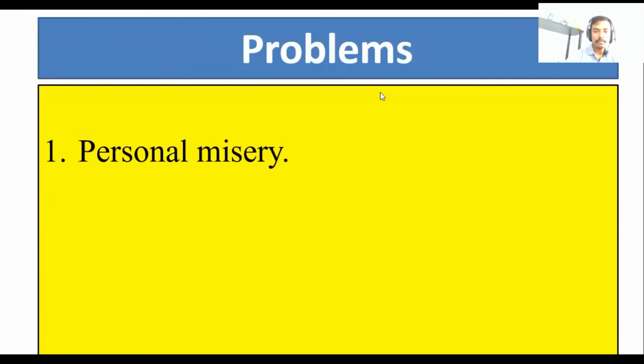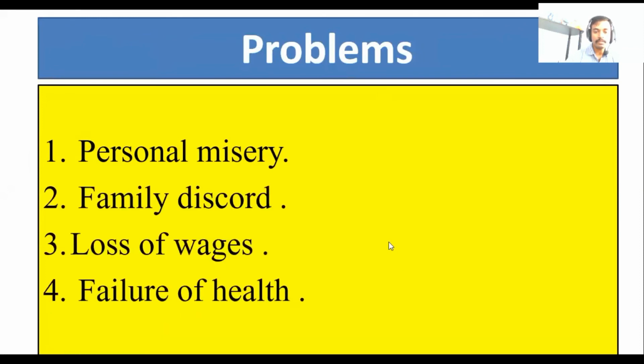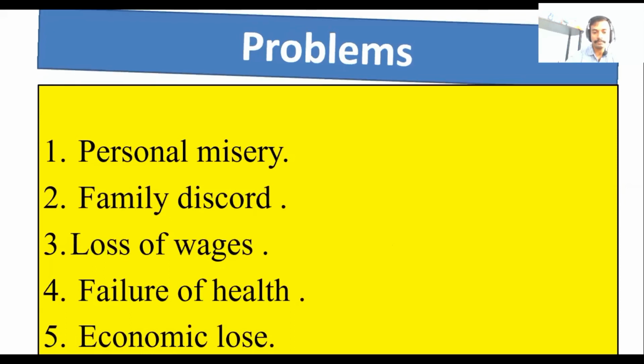Then problems. First problem is personal misery, unable to think, unable to learn. They feel differently. Family discord. If a person takes alcohol, in the family we can expect problems between husband and wife, and children may be disorganized. Then loss of wages: a person unable to do a job, there is no money. Failure of health, as we have learned.